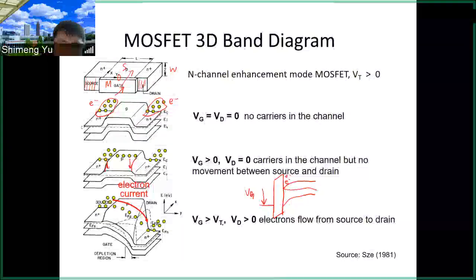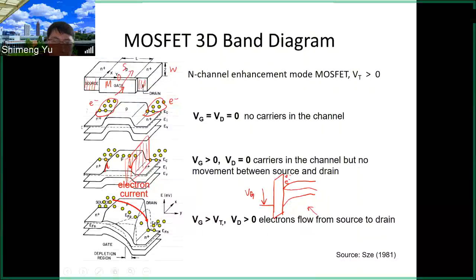So this band diagram is actually showing the cross section in this 3D view like this. So this is a cross section with, let's say, the X and Z direction, what we drew in the last lecture.